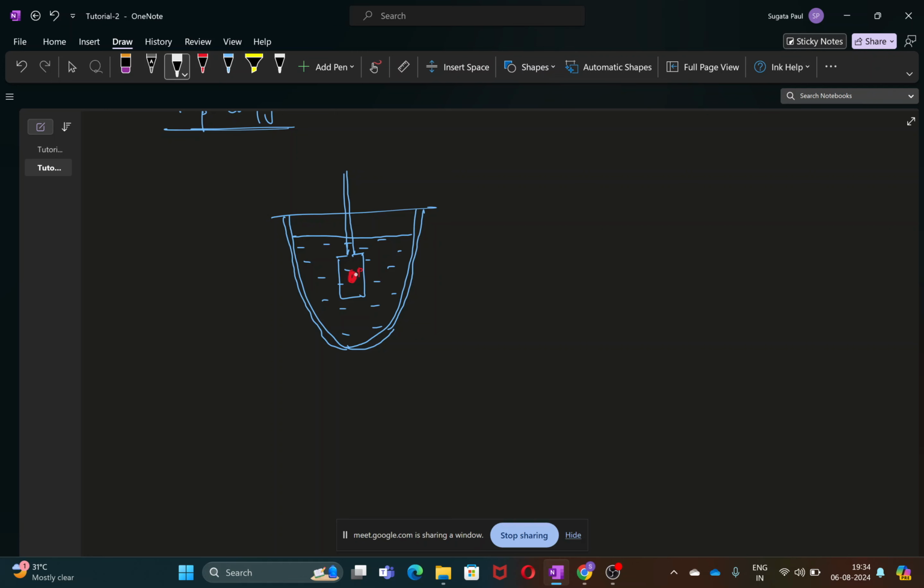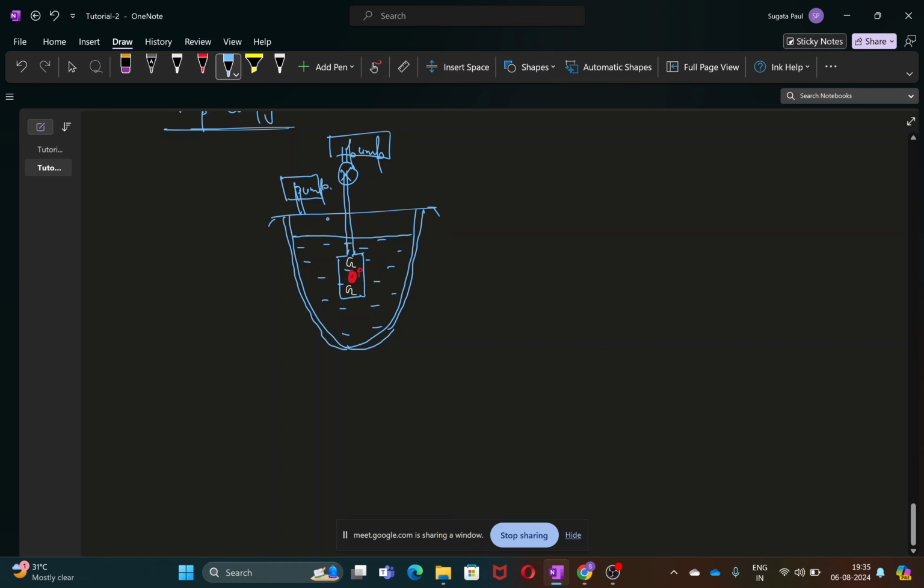In the gap between the sample and the container in which it is enclosed, there is a gas medium, which I denote by G. G is basically helium gas that is filled inside the container around the paramagnetic salt sample. Here you have a valve to open or close, and it is connected to a pump. Similarly, this dewar chamber is also connected to a pump. I'll tell you why these pumps are required later.